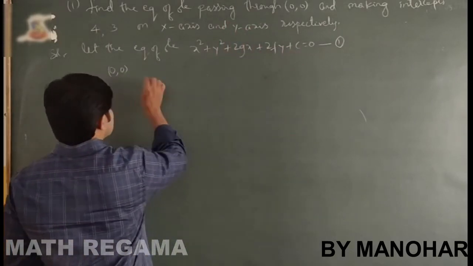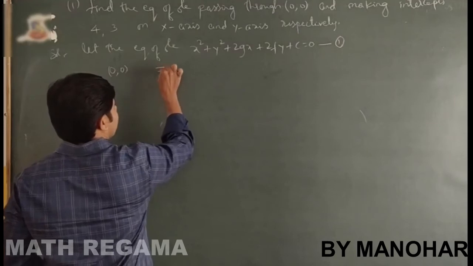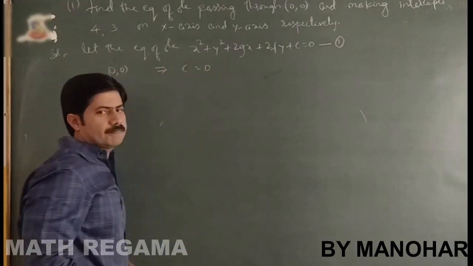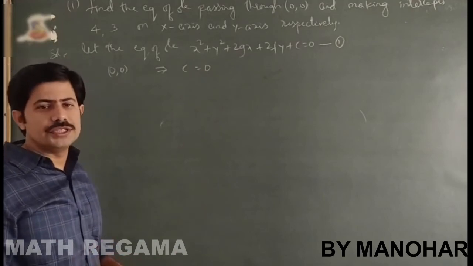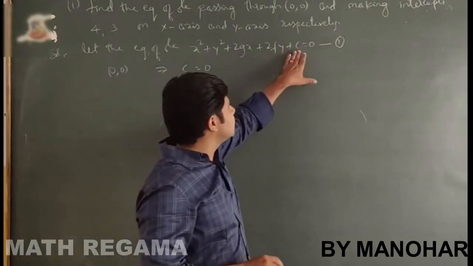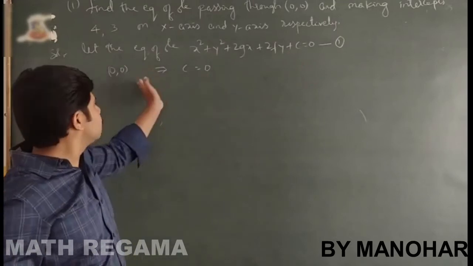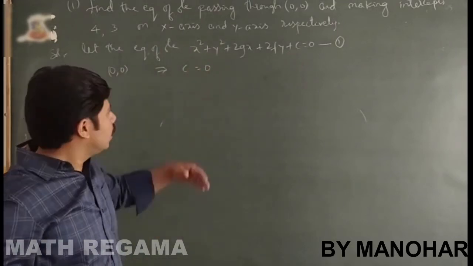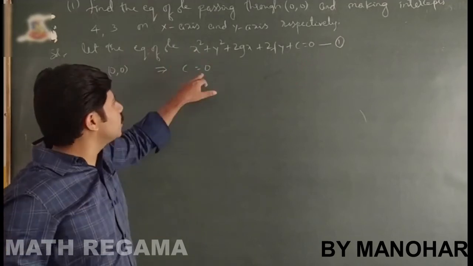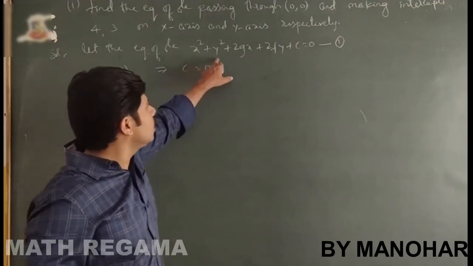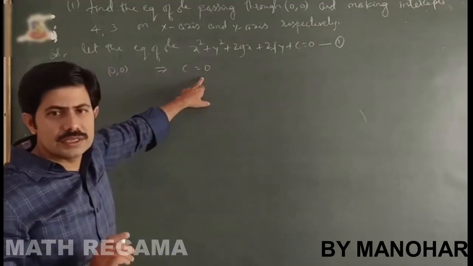So circle passes through origin implies what is the value of c? It is 0. So whenever a circle passes through origin, you substitute and check, you will get c value as 0.